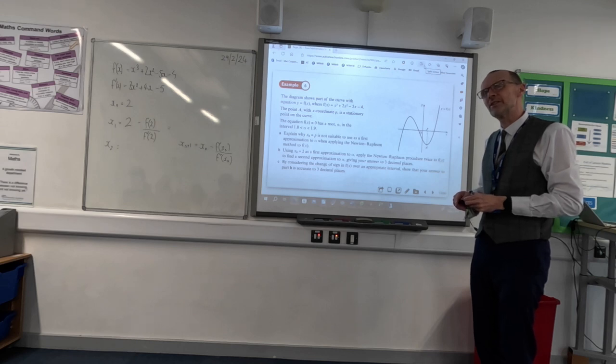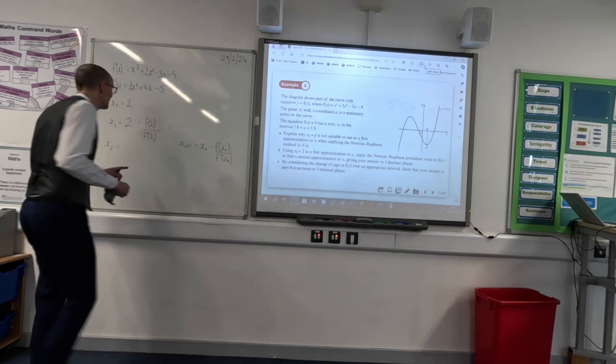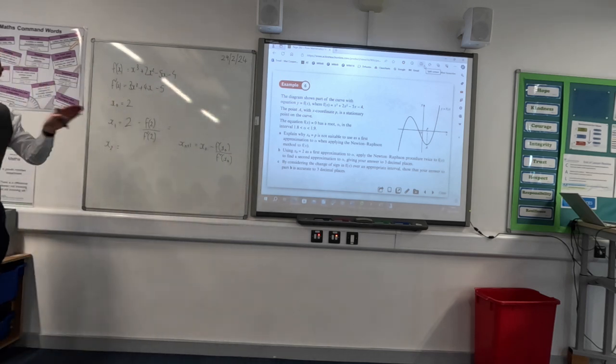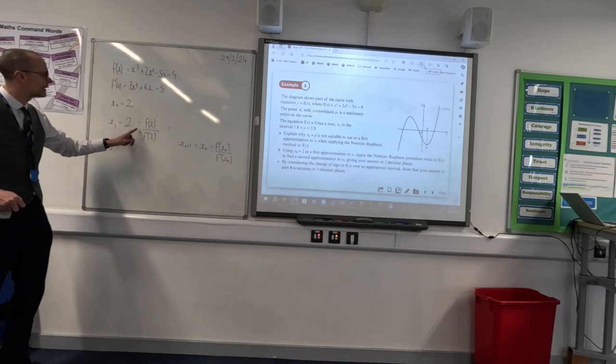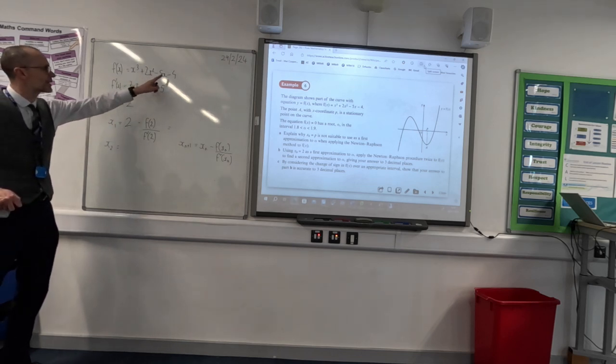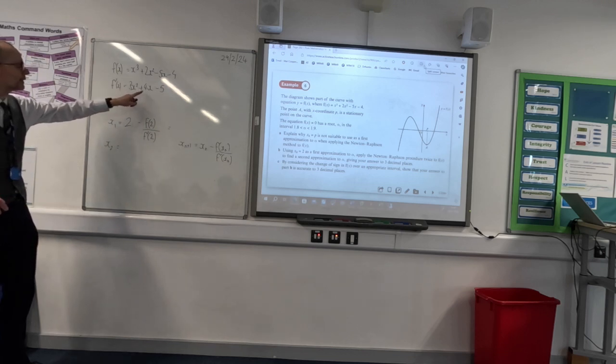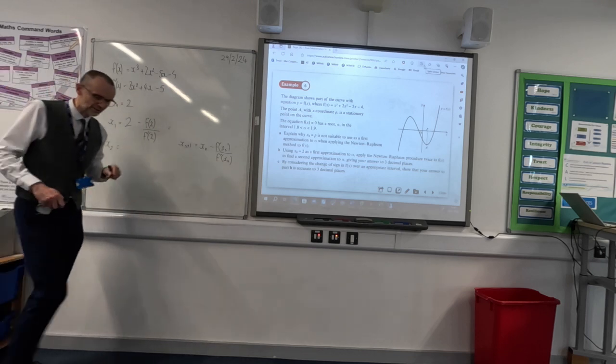To do the answer button, you've got to type it in once, haven't you? Yeah, I lied. I'm going to use the answer button. So I'm not going to do 2 arrow x, I'm going to do 2 equals. So 2 is the answer. And then I'm going to type in 2 minus answer cubed plus 2 answer squared minus 5 answer minus 4 over 3 answer squared plus 4 answer minus 5. Yeah, that's going to be easier, isn't it?